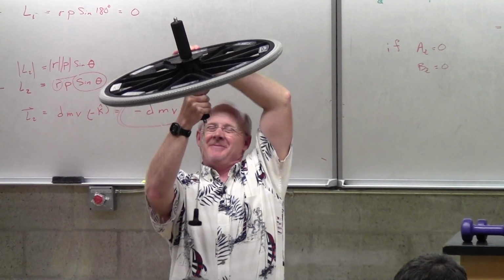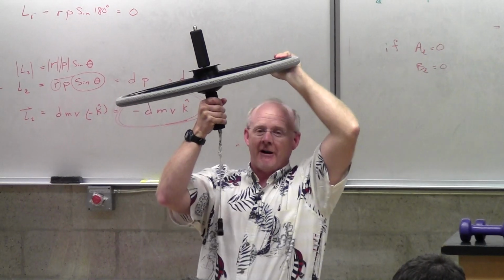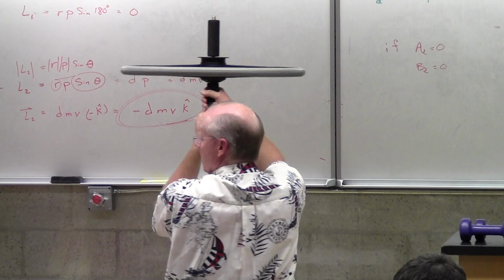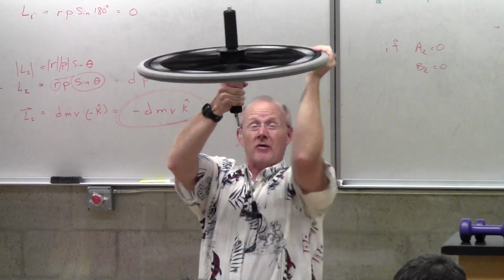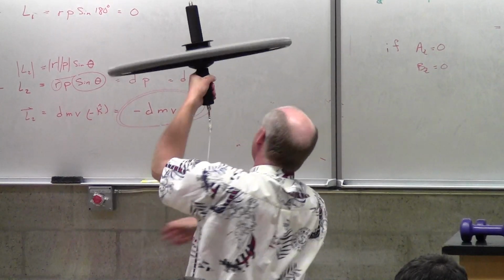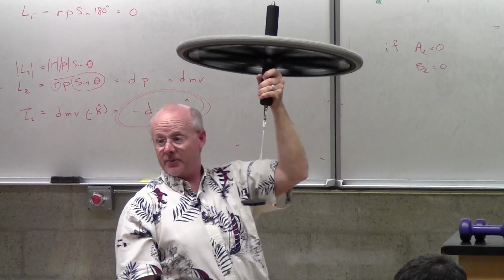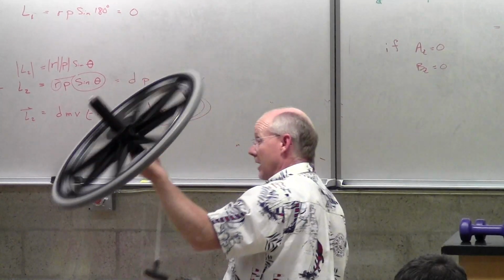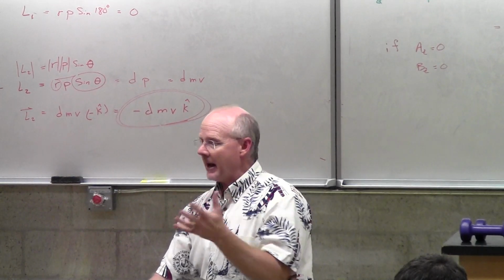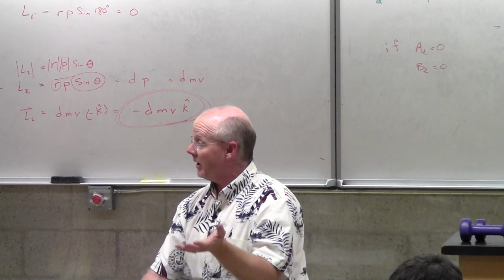But if I am off the ground here, when it spins one way, I spin the other way. And of course, if I stop it, hopefully it fairly stops. If I were to spin the other direction, then I would spin the other direction. And so the idea here is before I started spinning the rotor, my angular momentum was zero. So if one goes clockwise, the other one goes counterclockwise.